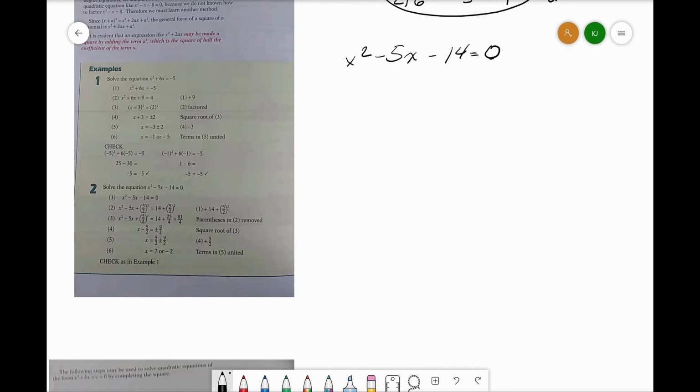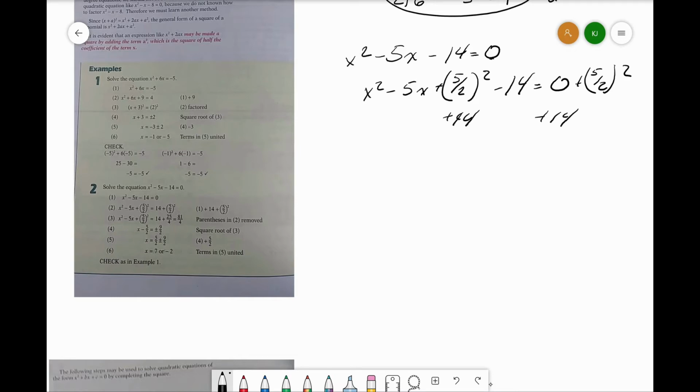It can't be divided evenly, so we are left with 5 over 2. So we have x squared minus 5x plus (5 over 2) squared, remember, that's going to be squared, equal to 14 plus (5 over 2) squared. And then we're going to add 14 to both sides.